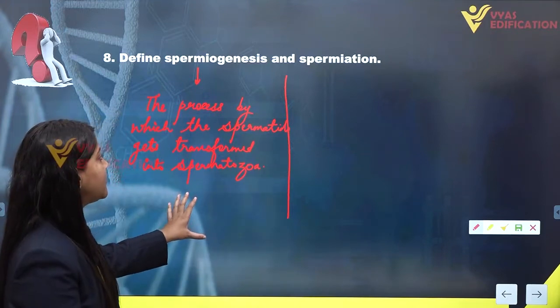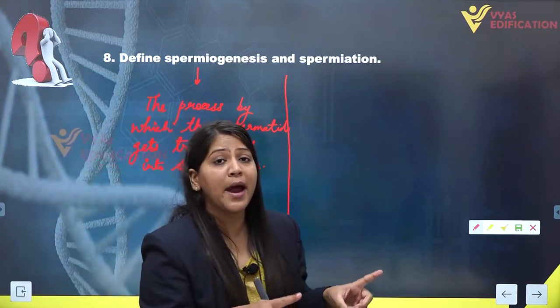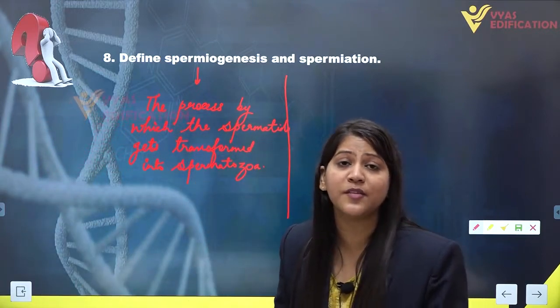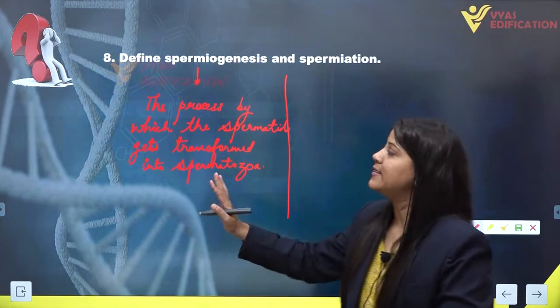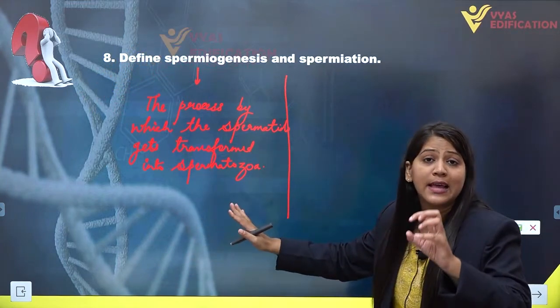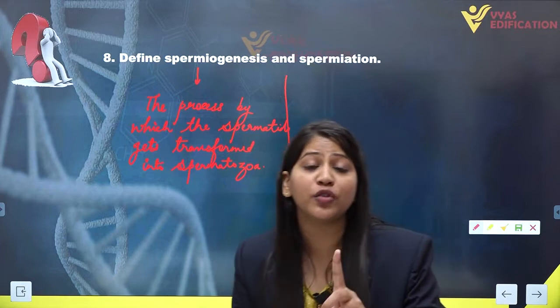So this is the process of transformation of spermatids into spermatozoa or sperm cells. This process is known as spermiogenesis.